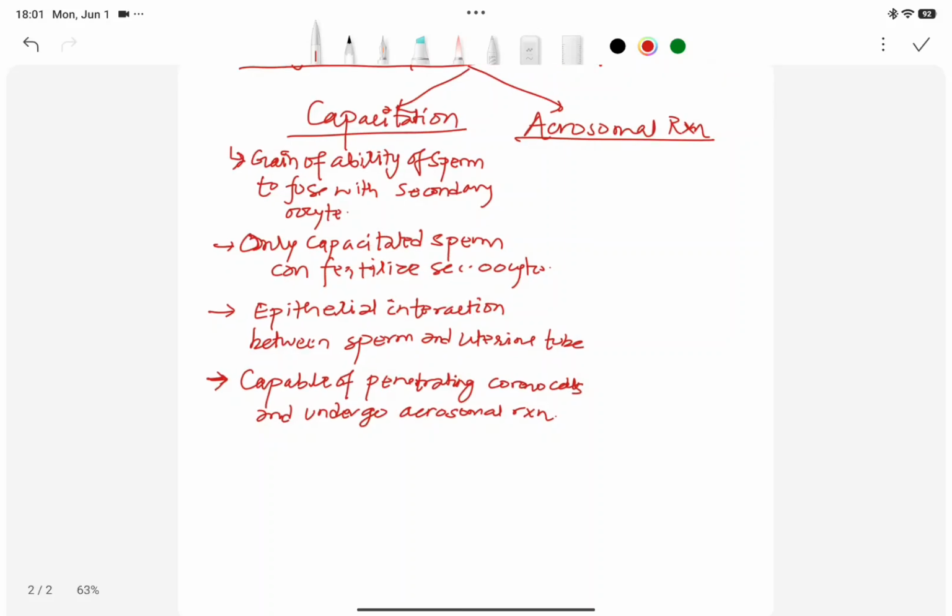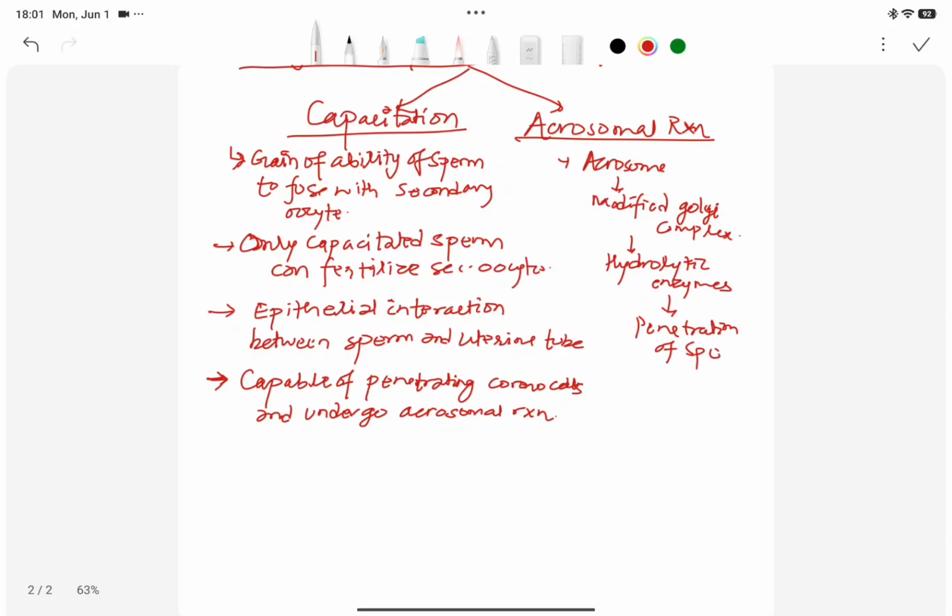The acrosome is a modified Golgi complex that contains many hydrolytic enzymes that are needed for the penetration of sperm to the secondary oocyte.